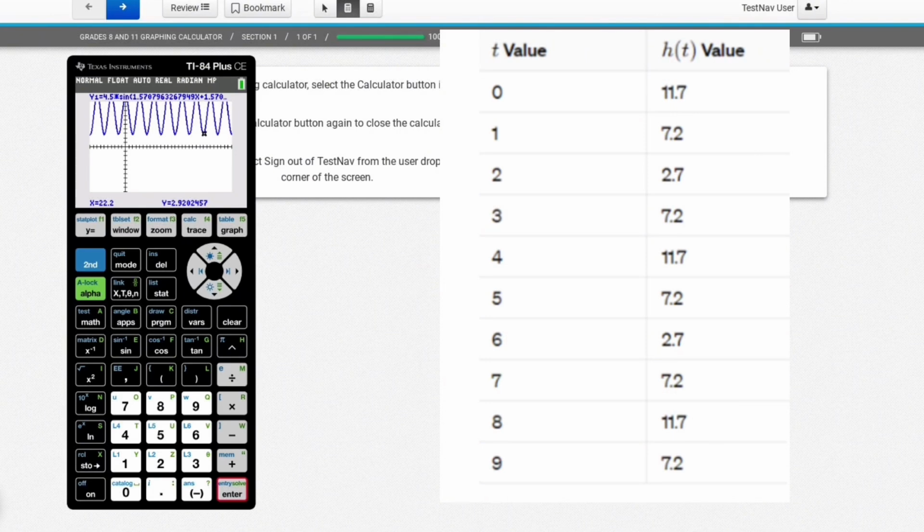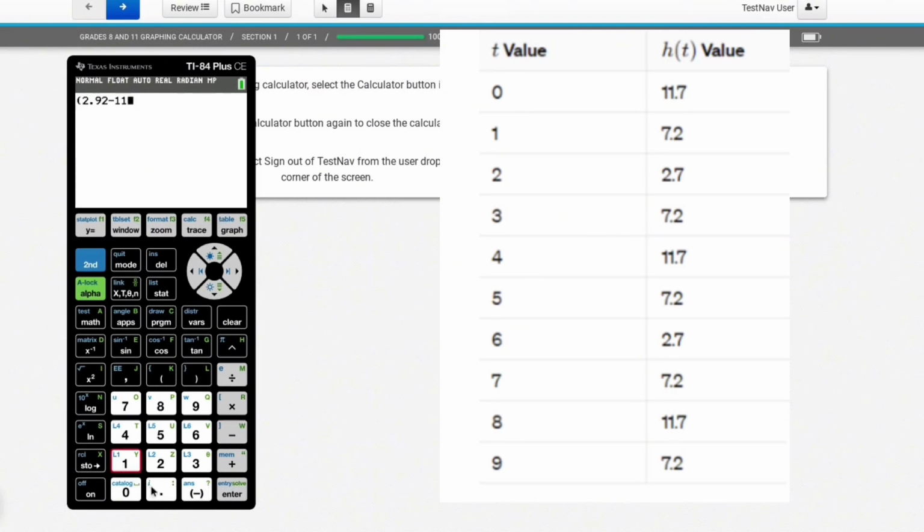So to set this up, we're using the formula f of b minus f of a over b minus a. So this is going to be f of b, 2.92. So let's quit out of this and do 2.92. Now, if you remember, the table started you out at 0 with 11.7.